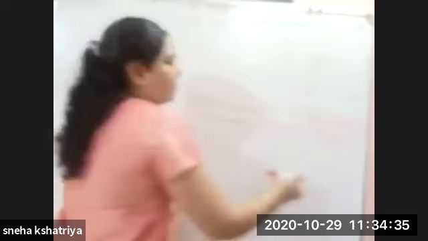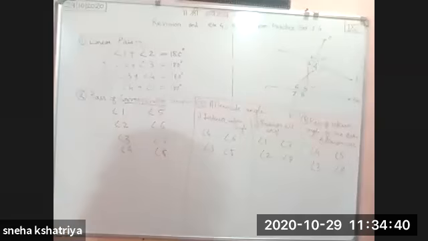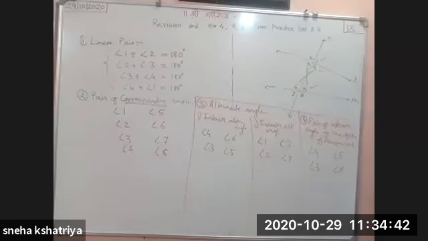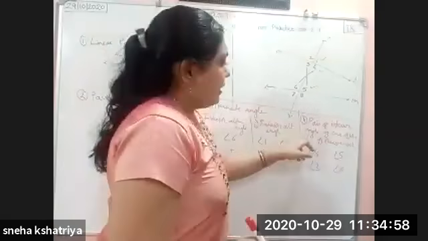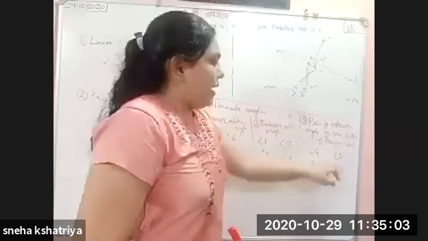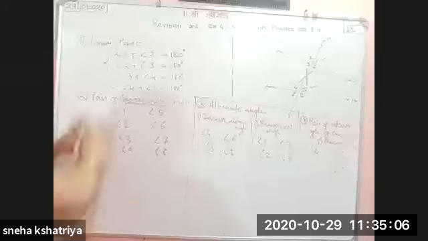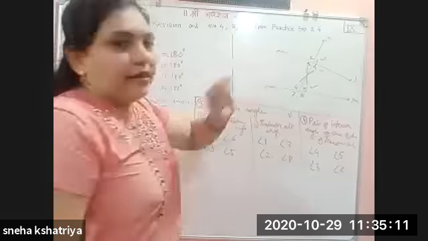So one side of transversal, one pair. Angle 4 and angle 5, 3 and 6. So this many pairs we find when two lines are given and they intersect each other.